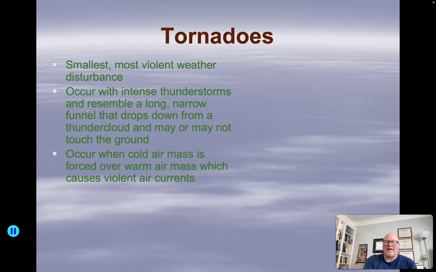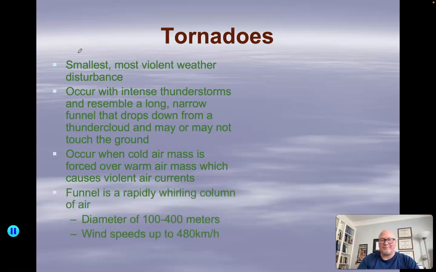Usually when a cold air mass is forced up over a warm air mass, you end up with violent air currents. And because of the Earth's spin, you get these violent air currents that are actually spinning in a particular direction. And that's what ends up creating a tornado.